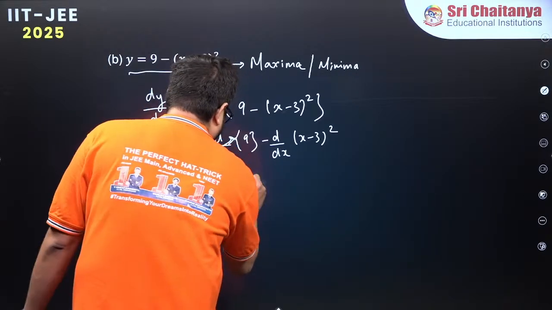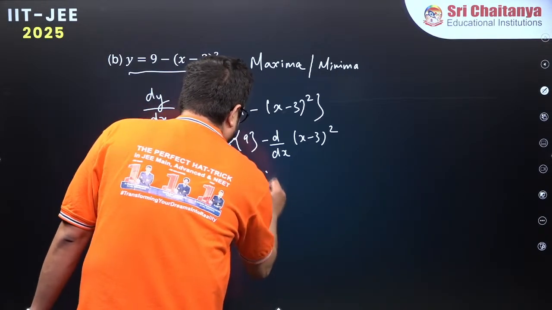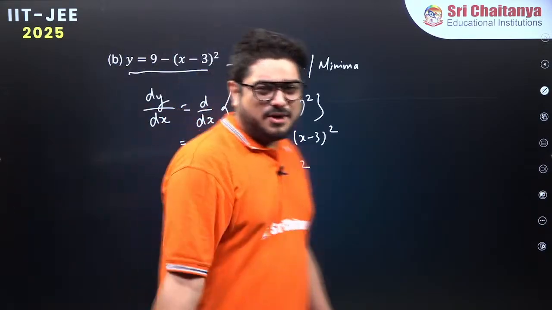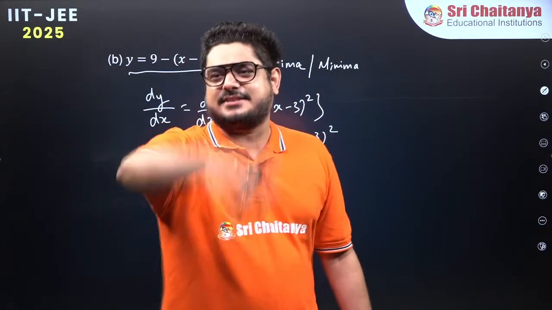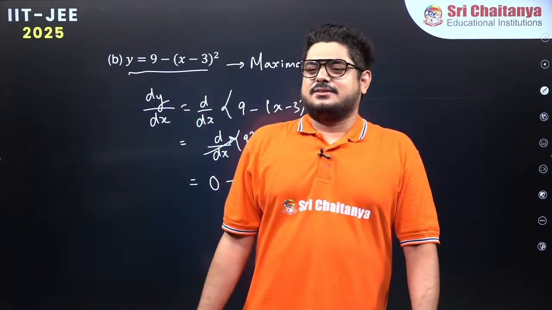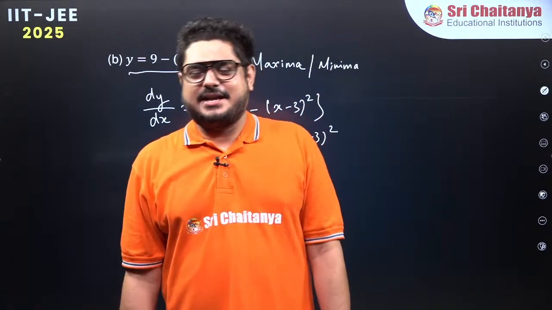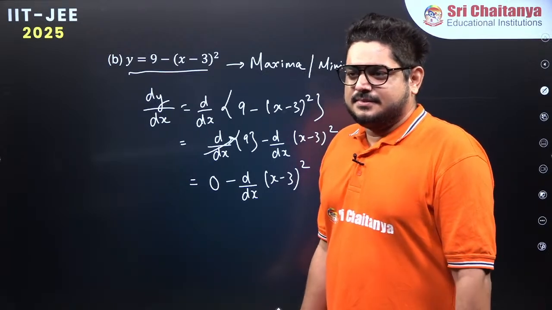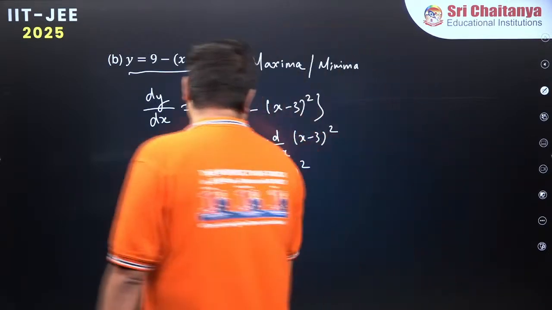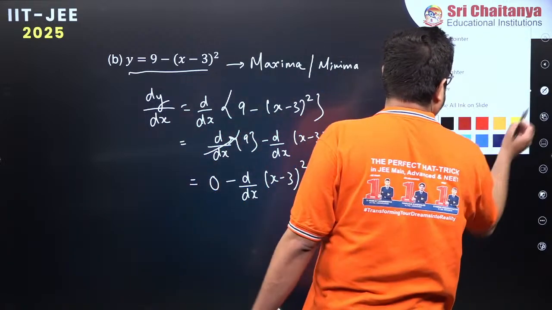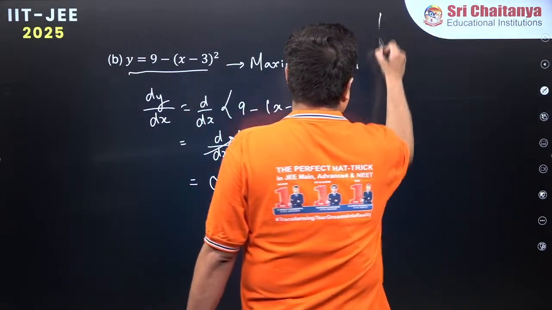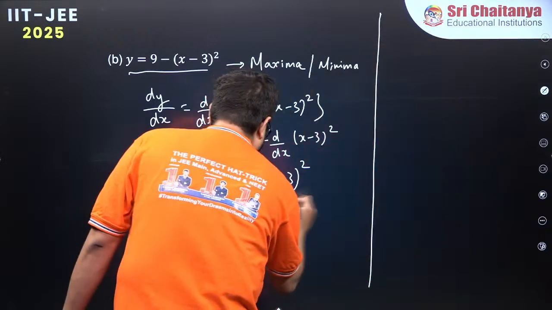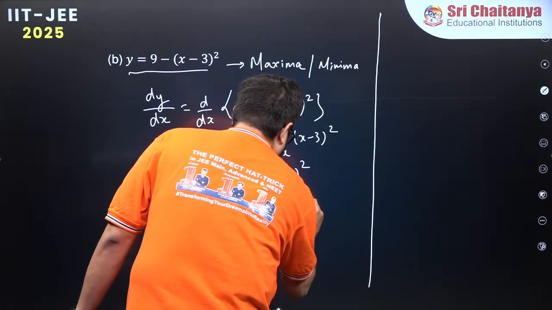Now we are left with the differentiation of (x minus 3) whole square. What do you think will be d by dx of (x minus 3) whole square? Once again we need to apply the chain rule, the one which I mentioned.